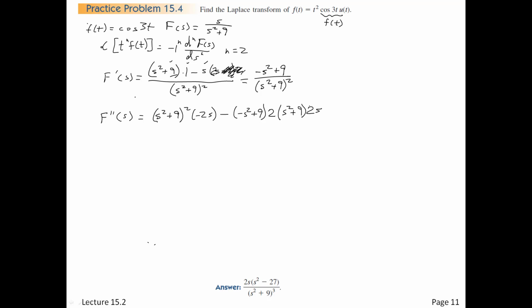Oh boy, just got to watch our step here all the way. Over the bottom squared. So s squared plus 9 to the 4th.